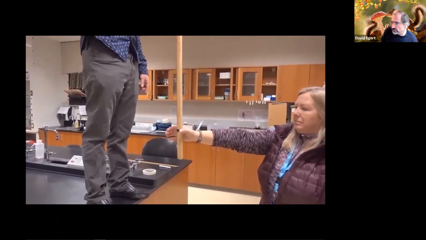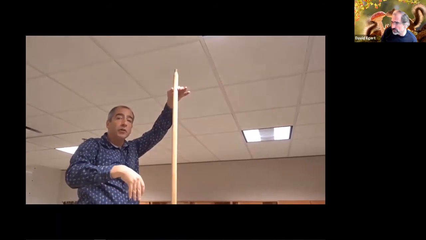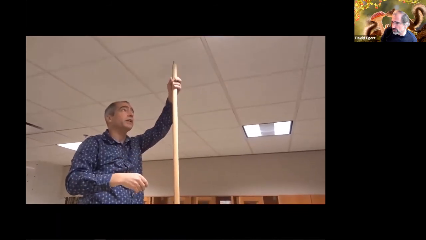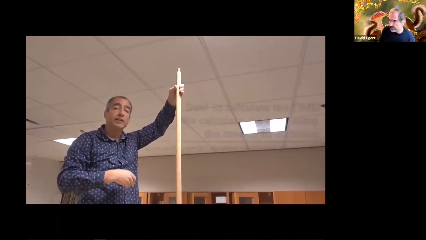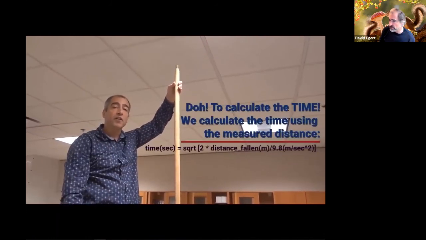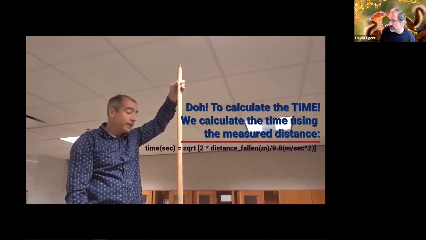Also, as a stick dropper, I want to make sure that as I drop the stick, I don't impart any initial velocity, either lifting or pushing down, because then the formula for calculating the distance fallen during a certain amount of time will no longer be valid.